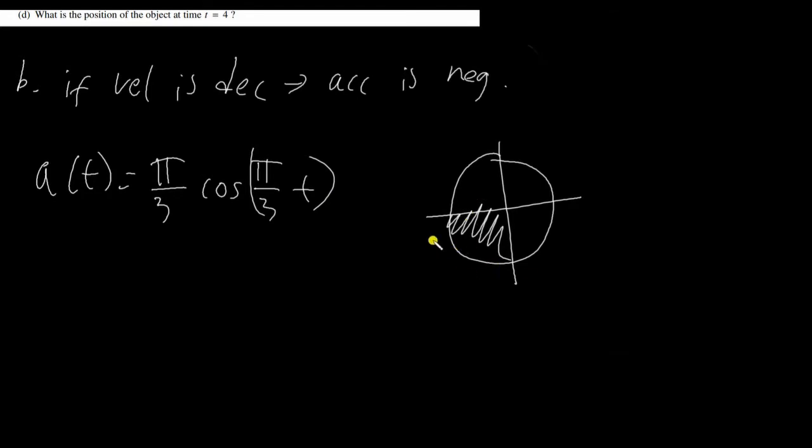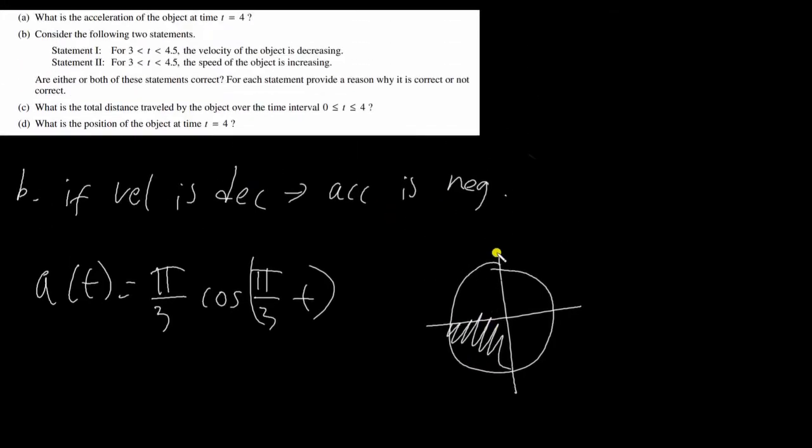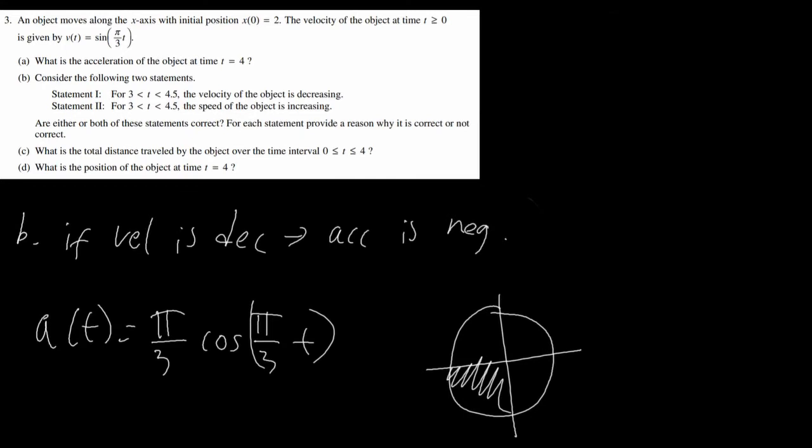So the acceleration function is negative for 3 less than t less than 4.5. Therefore, since the acceleration is negative on the time interval, the velocity is also decreasing. Cool. So statement 1, I'll give that a nice red check mark. I like all my check marks to be red.